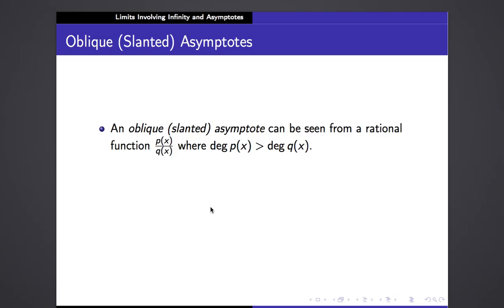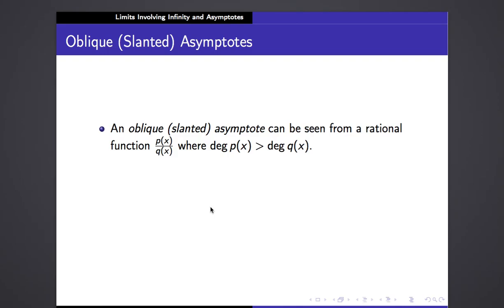So here comes the last type of asymptote. It's the oblique or slanted asymptote. Either is fine.